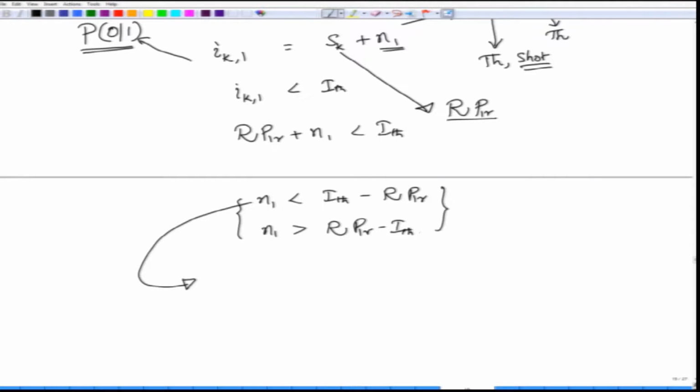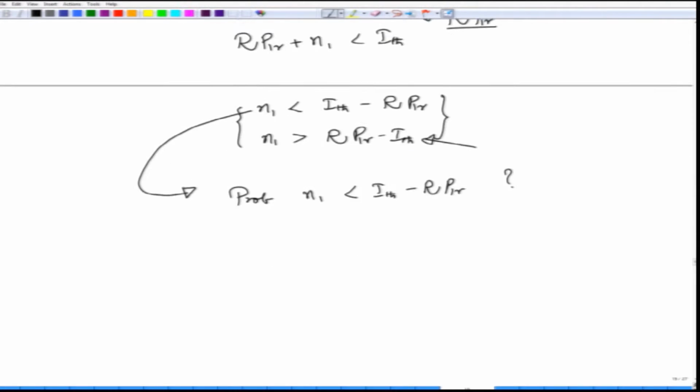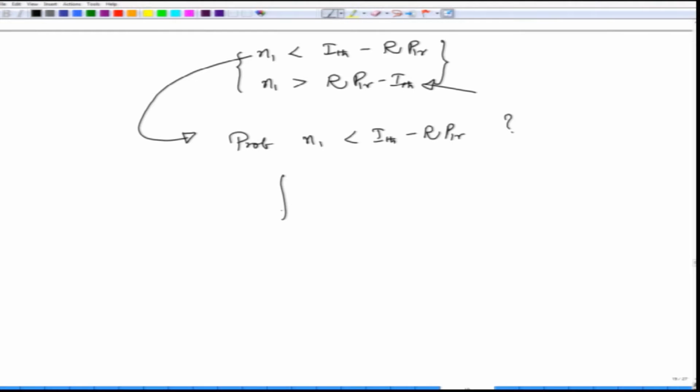Going from this expression to this expression is fairly simple for you, so I will leave that as an exercise, okay. So, what is the probability that the noise N1 would be less than I_TH minus R P1R? What is the probability that this noise would be less than this? Well, this would be the situation when I have to integrate.